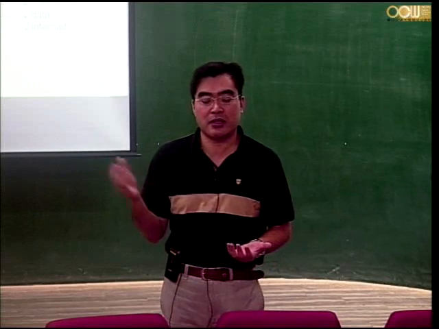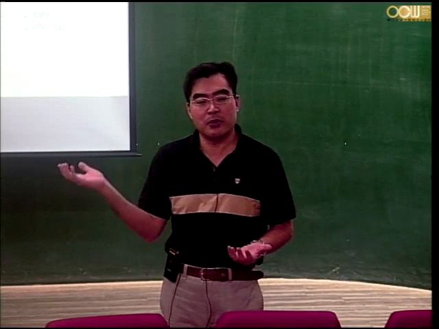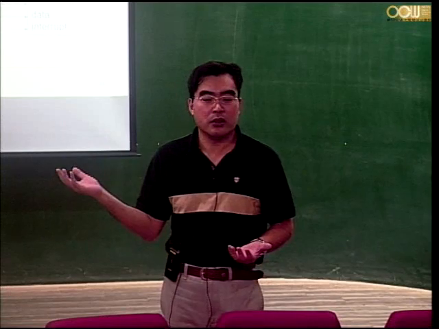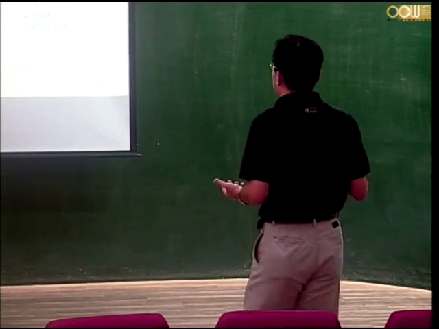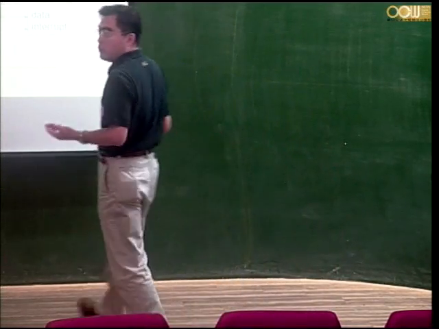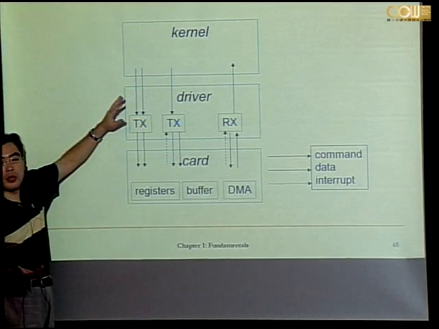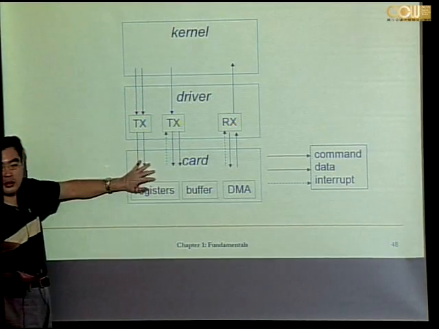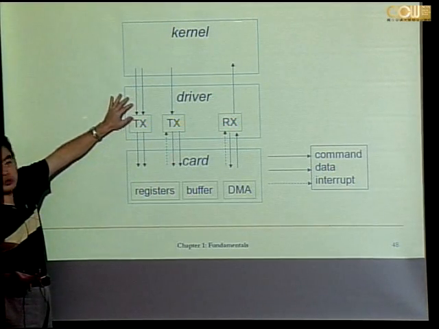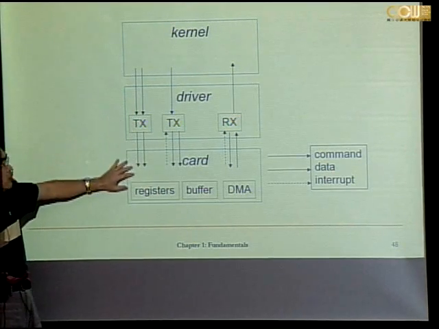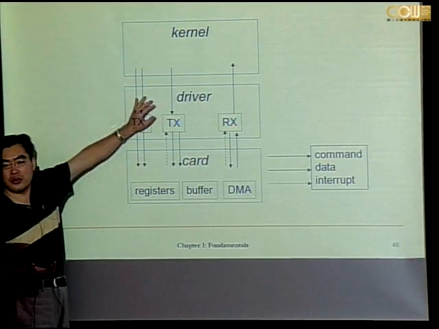Basically, they just copy packets in and out. In that case, the driver does not implement protocols. Say PPP is in the driver, but Ethernet and wireless LAN are in the hardware. But we do have drivers for Ethernet and wireless LAN, so what do the drivers do?